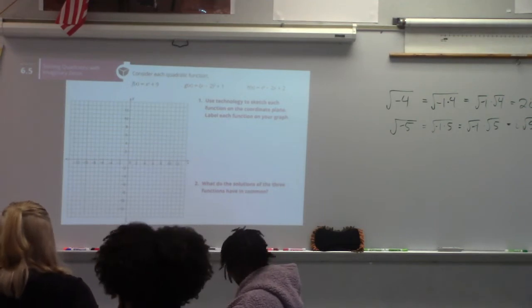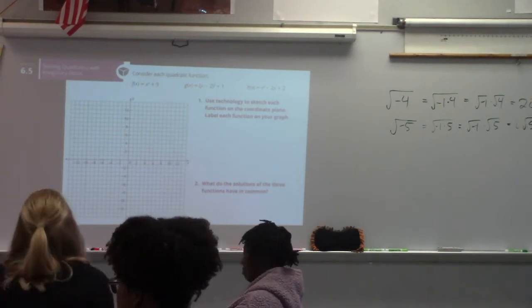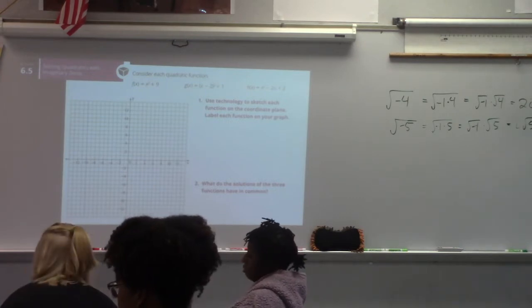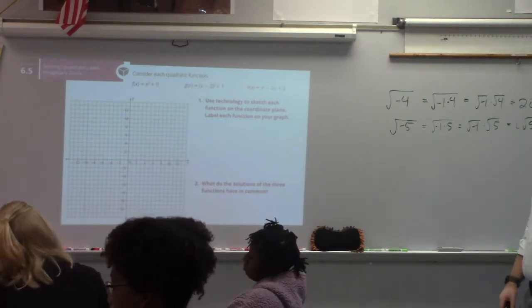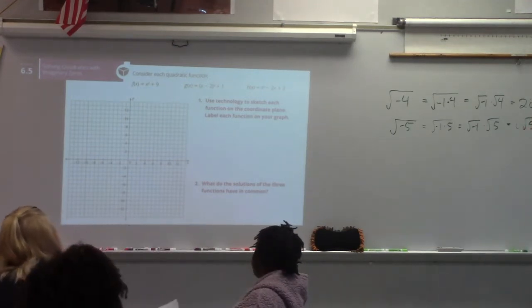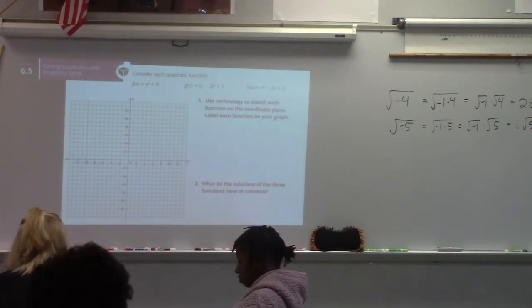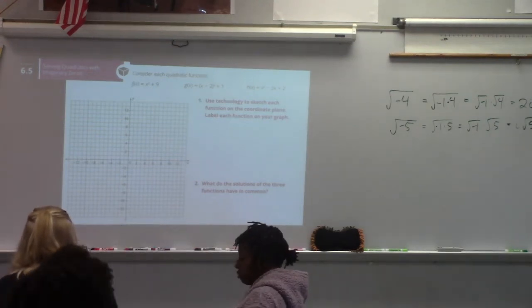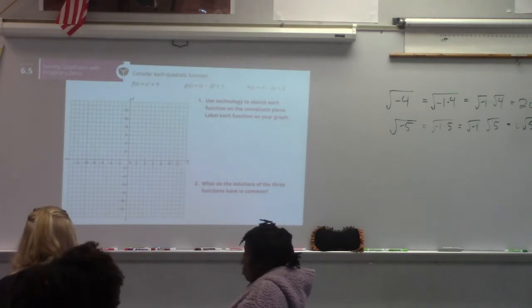So here we are, activity 6.5. This is on page, apparently I didn't write it down. That's 106. 106, thank you. So here is activity 6.5 on 106. And so we're considering each quadratic function. And it says use technology to sketch each function on the coordinate plane, label each function on your graph.